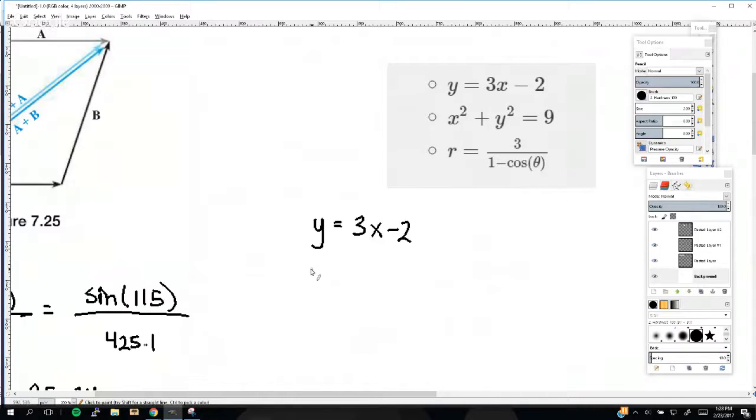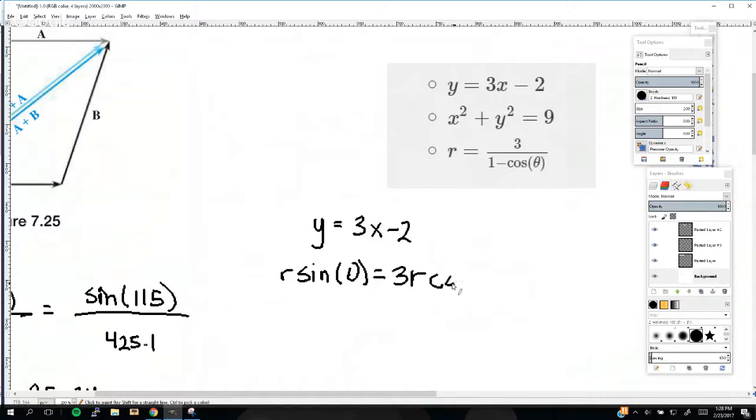I think what we should do, so for y, you just replace it: r sine theta equals 3r cosine theta minus 2. Okay, one sec. Oh, there's supposed to be an r in there.